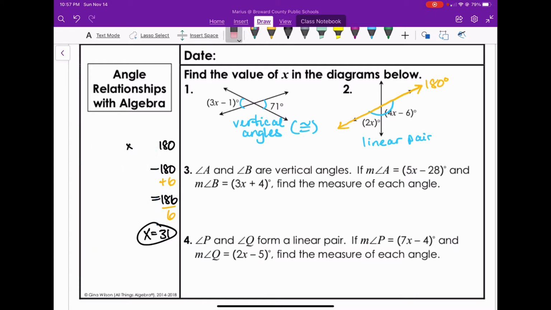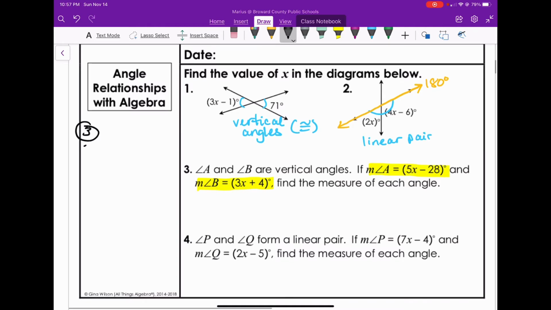All right, let's see. Number 3. Now, number 3 says that angle A and angle B are vertical angles. And we've already discussed in number 1 that vertical angles are congruent. So for number 3, they also tell us the measure of angle A and the measure of angle B. So we're just going to write those two things equal to each other.